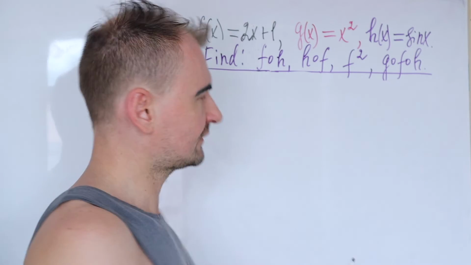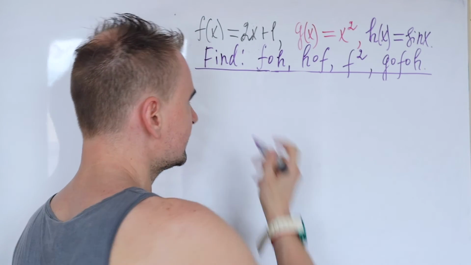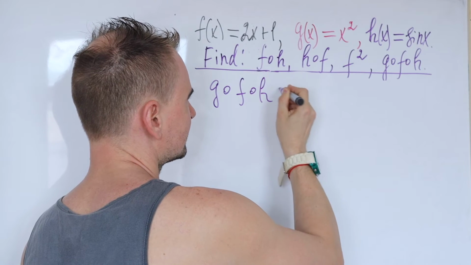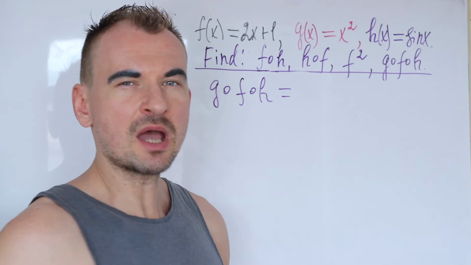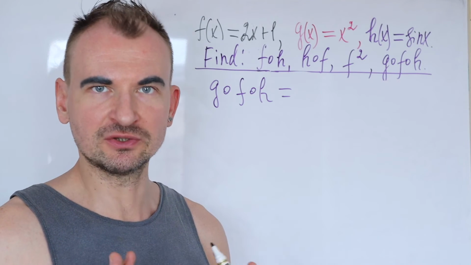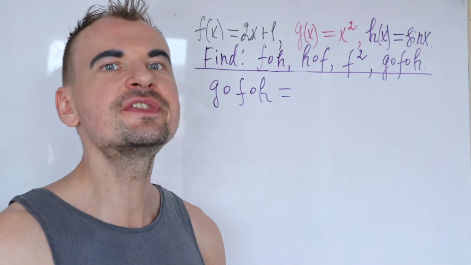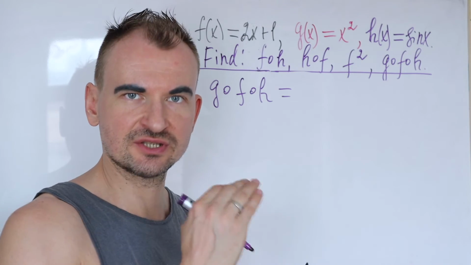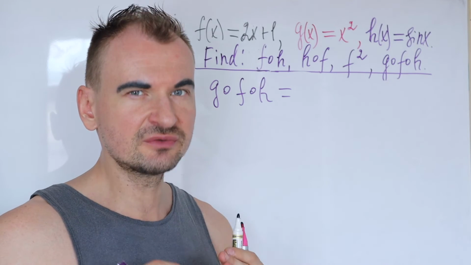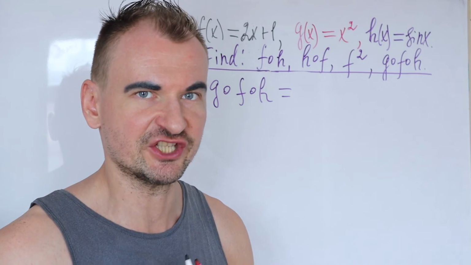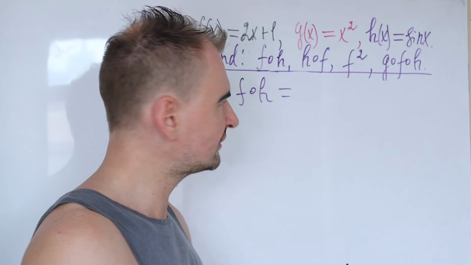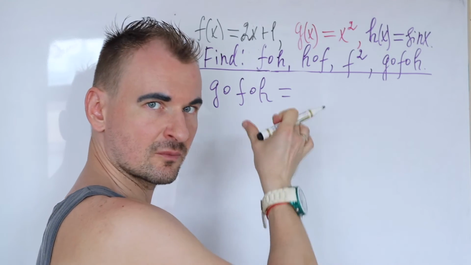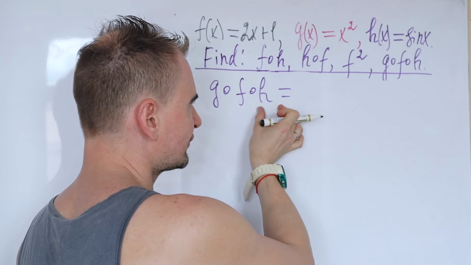Alright, the last one. So you are given g composition f composition h. Might look intimidating, but don't worry. If you are given 3 functions and you need to find the composition of all of them, just do it incrementally, in stages, step by step. So you want to apply them one by one, starting with h.